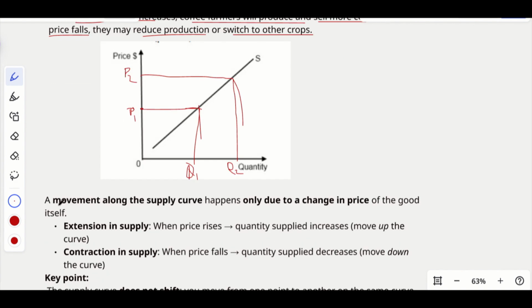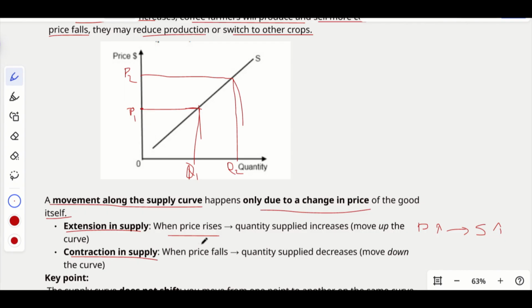Right. So a movement along the supply curve happens only due to a change in price. So the movement along the supply curve will only occur due to the price of the good itself. Okay. So there is extension and contraction, right? What is extension in supply? When price increases, quantity supplied increases. And what is contraction in supply?